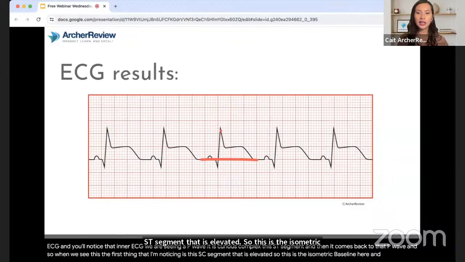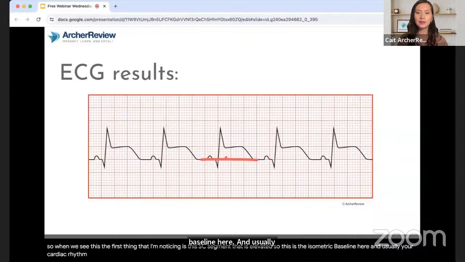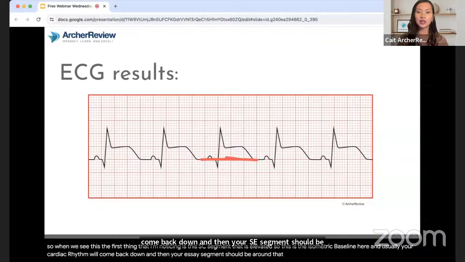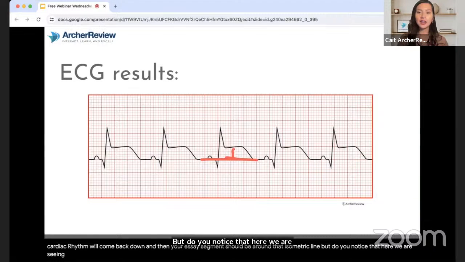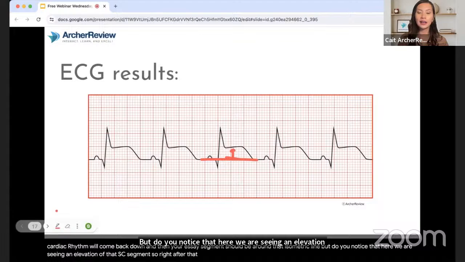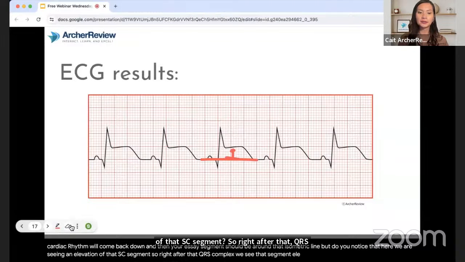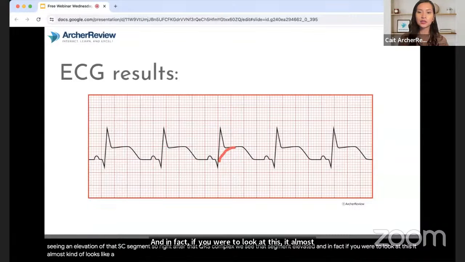And usually your cardiac rhythm will come back down and then your ST segment should be around that isometric line. But do you notice that here we are seeing an elevation of that ST segment? So right after that QRS complex, we see that segment elevated. And in fact, if you were to look at this, it almost kind of looks like a tombstone, right?